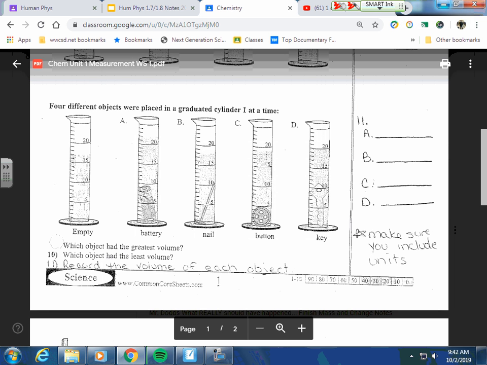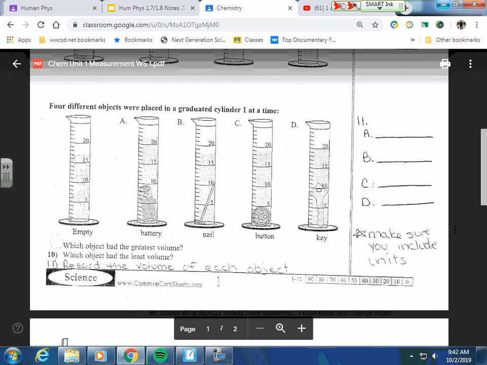So if I look at these, I have to first look at my container as it is with just water in it, okay?